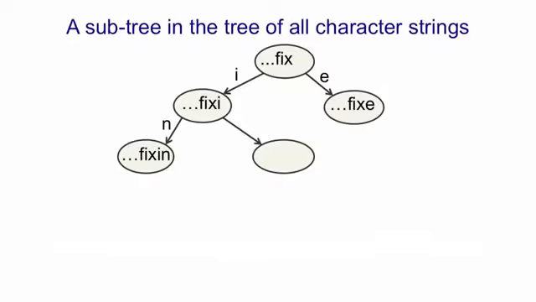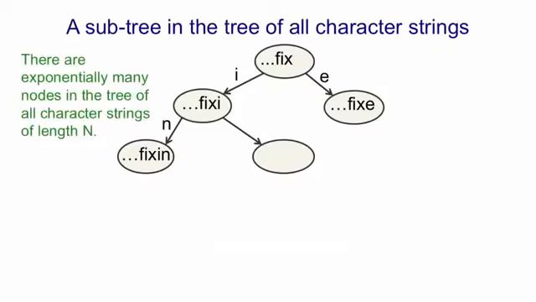In fact, this little subtree will occur many times, but with different things that are represented by the characters before the "fix". So this represents that we had a whole bunch of characters, then we had F, and then I, and then X. And now if we get an I, we're going to go to the left. If we get an E, we're going to go to the right, and so on. So each time we get a character, we move one step down in this tree to a new node.